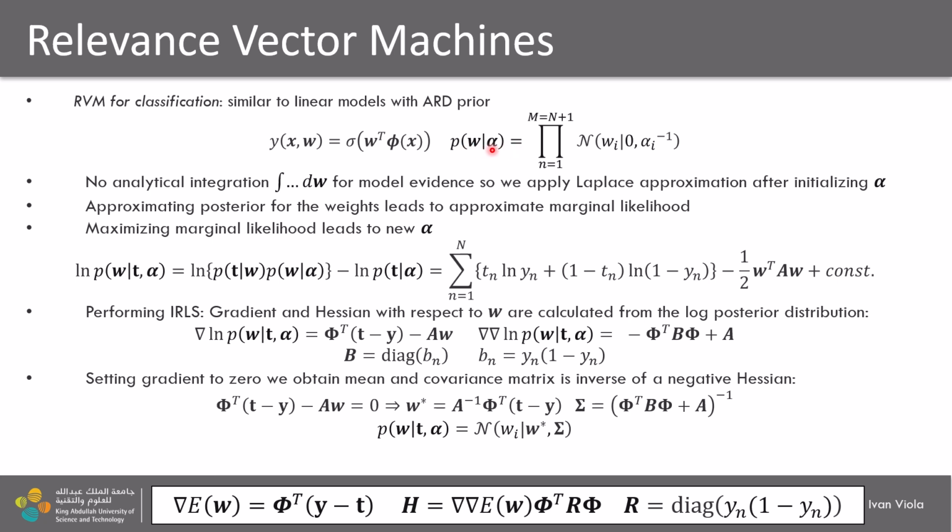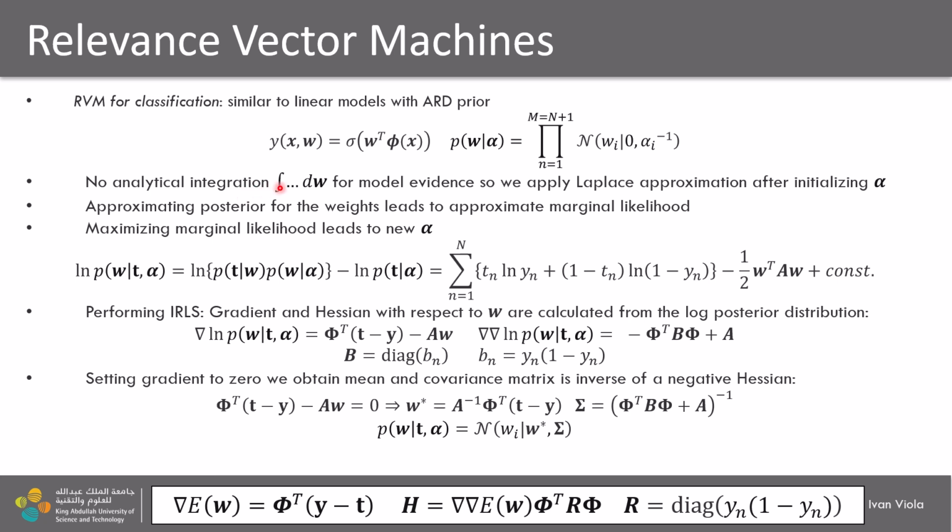And we can see that it follows a multivariate Gaussian, which can be decomposed into a product of single-variate Gaussians, where each has a zero mean, but each has a different variance, or alpha i precisions.